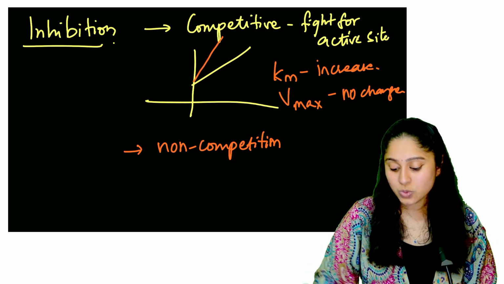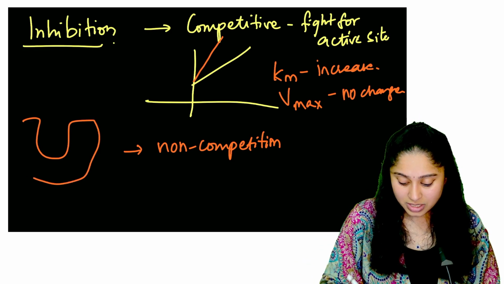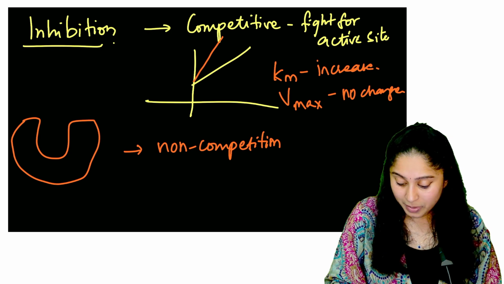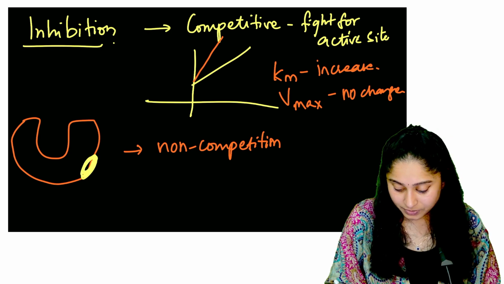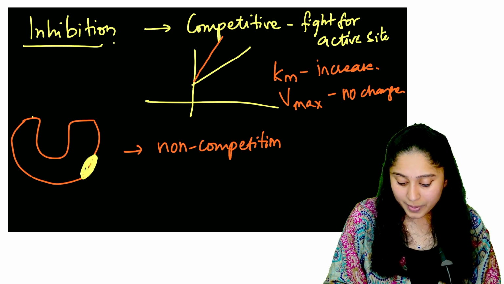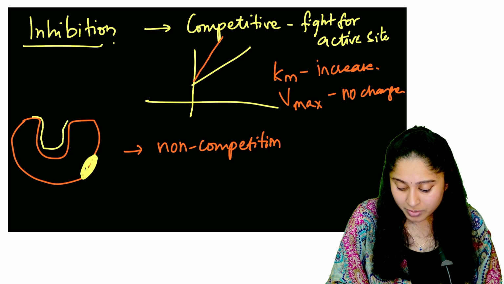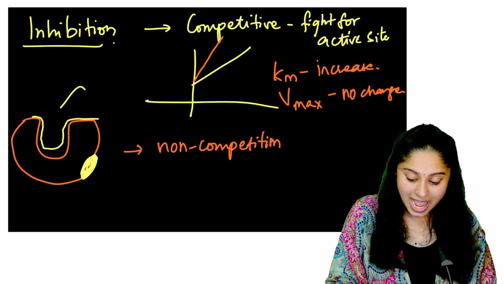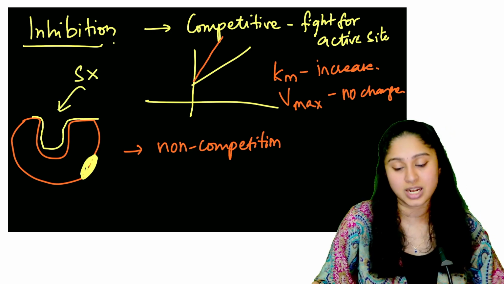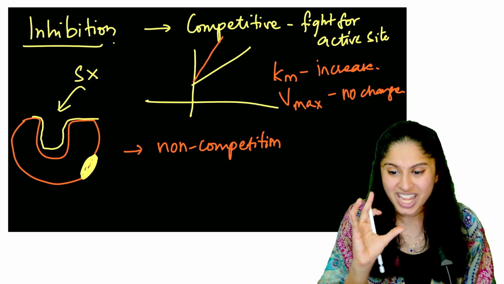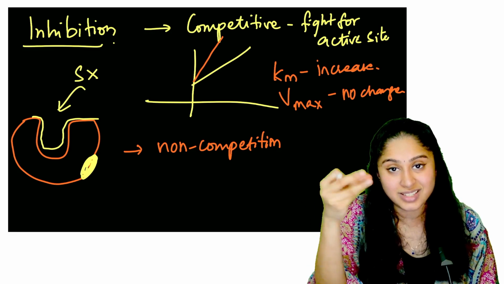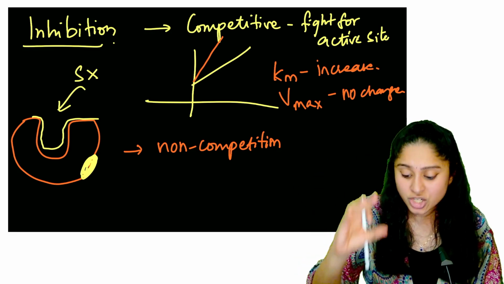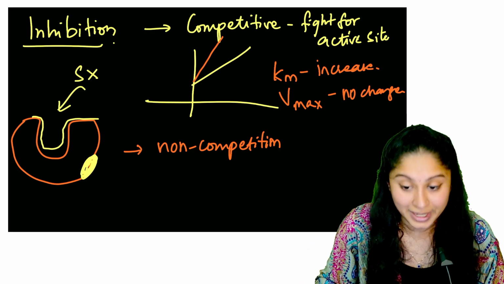So my enzyme is here, and this inhibitor will go and bind here. It will change the conformation of my active site, and as a result the substrate now cannot bind, because I have changed the conformation by pressing somewhere else. The shape has changed. My substrate cannot come and bind.